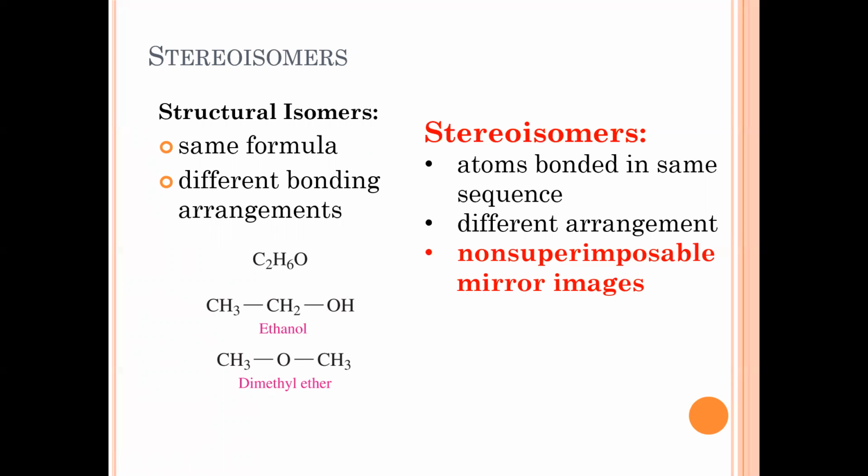A stereoisomer, on the other hand, is bonded in the same sequence, but it has a different arrangement because they're non-superimposable mirror images. I would like you to know the definition of a stereoisomer. They're bonded in the same sequence, but they're non-superimposable.